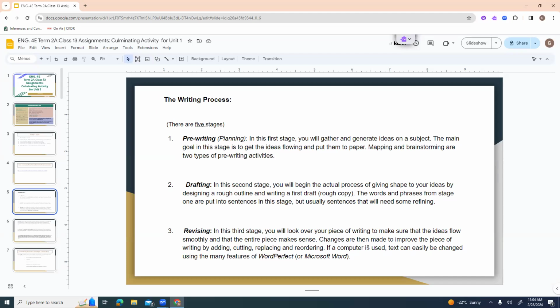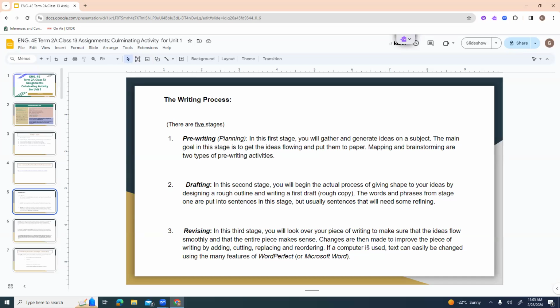Then in stage 3, the revising, you're going to look over your piece of writing to make sure the ideas flow smoothly and that it makes sense. Lots of times there's things that made sense when we were thinking it, and then when we put it on the page, we realize, oh, we forgot to mention this, or, oh, I skipped this one step, or, oh, I need to add some more details to make it clear to somebody who's not familiar with this.